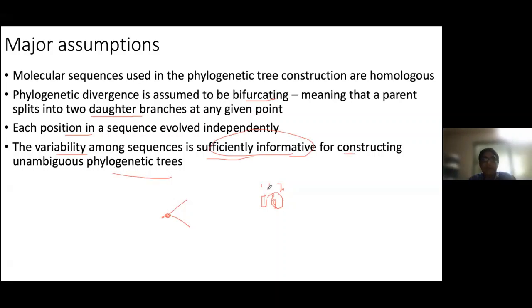For example, if you take sequences that are more than 90% identical, you don't get enough information to create a phylogenetic tree. And if you take sequences that are only 10 or 15% similar to each other, you also don't get enough information because they're highly diverse. So they should be homologous, and the parent gives two daughters. These are the assumptions you need to make before you create a phylogenetic tree.